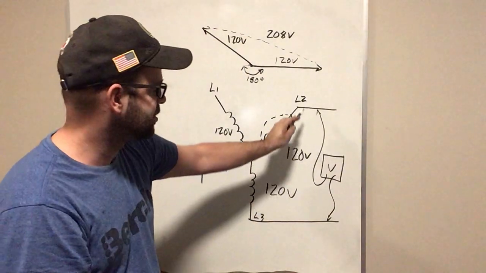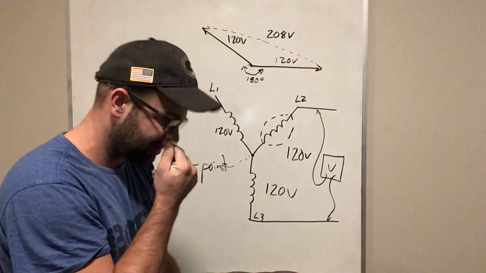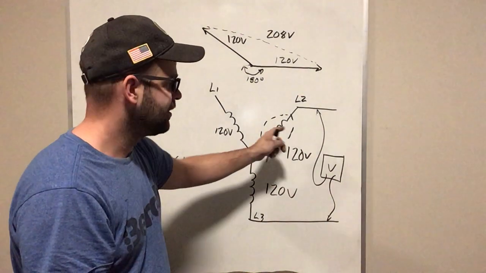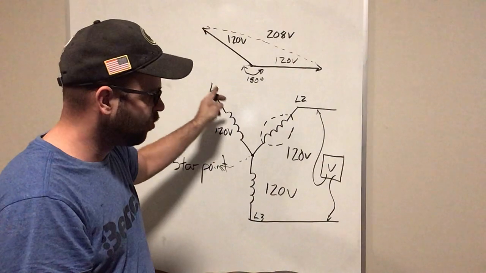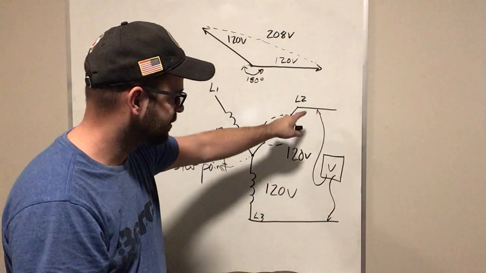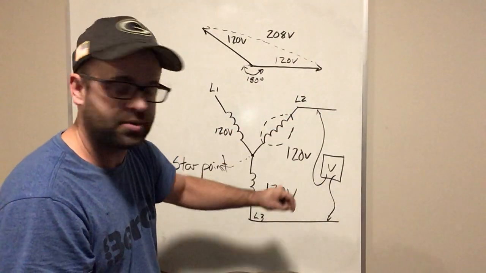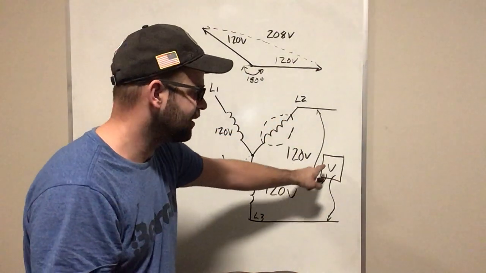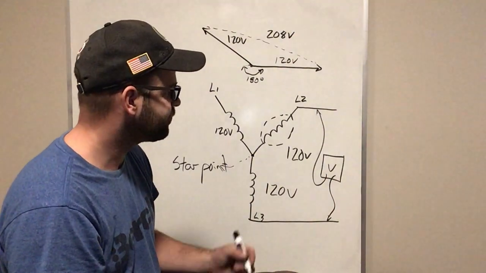If I go from line 2 to my star point, and this is where you would connect a neutral in a three-phase system, I would read 120 volts. But if I look at either line 1 to 2, line 2 to 3, or line 3 to line 1 with a voltmeter, I'm going to be looking at the combination of these two voltages, but they're not 180 degrees apart as we saw up here, they're only 120. So we end up finding that that voltmeter would end up reading 208 volts.